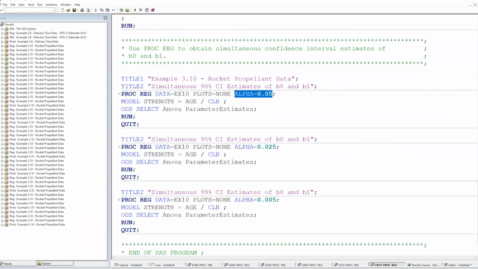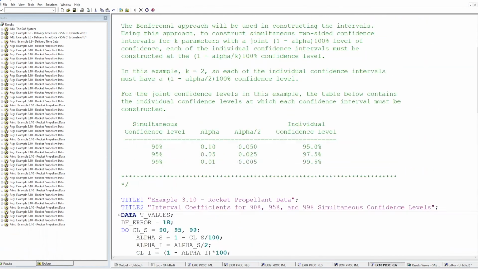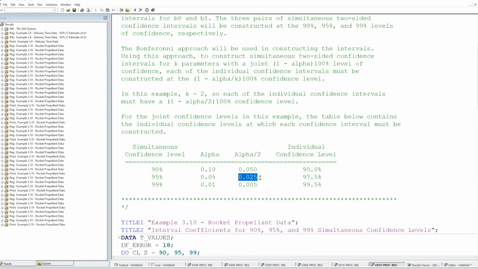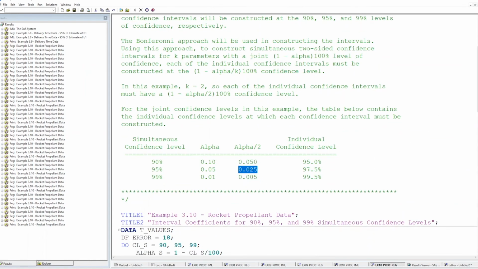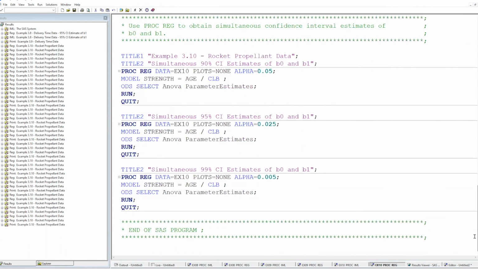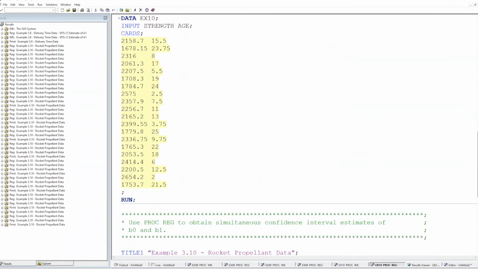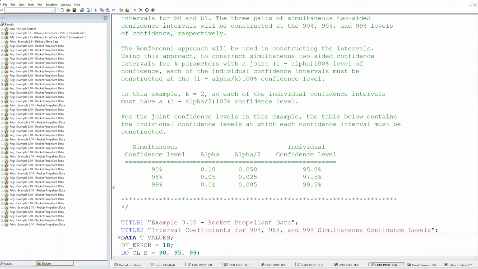To construct the 95% simultaneous confidence intervals, we specify 0.025 to the alpha option. And then to construct the 99% simultaneous confidence intervals, we specify 0.005 as indicated up here.